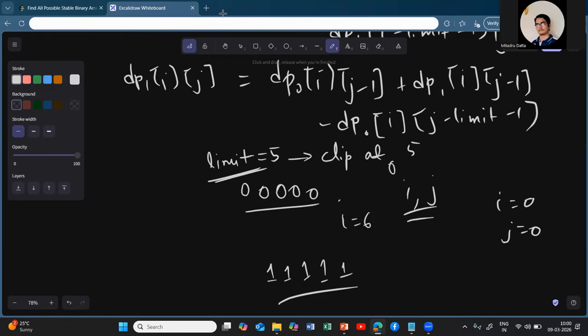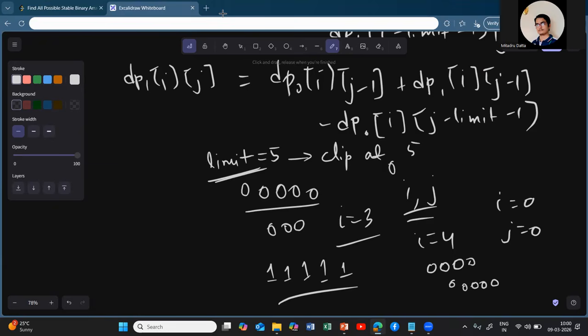The answer for that will be 0. But if your I is something like 3, you can easily place 3 zeros. If your I is something like 4, you can easily place 4 zeros. If your I is something like 5, you can easily place 5 zeros. But if your I is something like 6, you cannot place 6 zeros together.